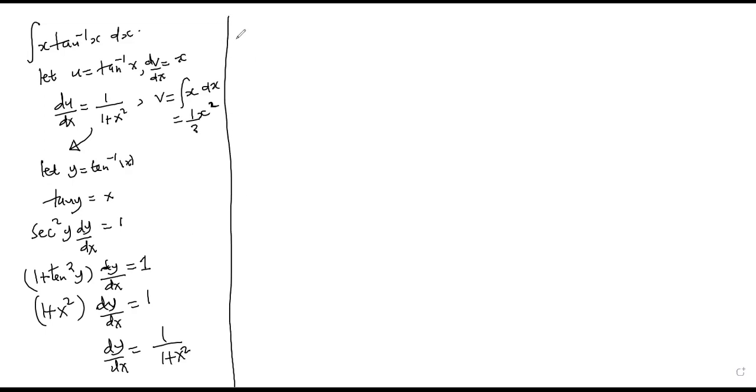So we're going to have our integral of x tan inverse of x dx as uv. My u is tan inverse of x, then v is x squared over 2. So I'm going to write it as a half x squared tan inverse of x minus the integral of v du dx.